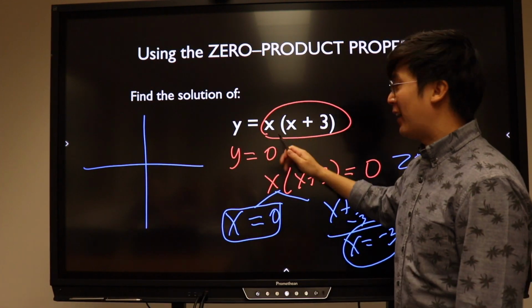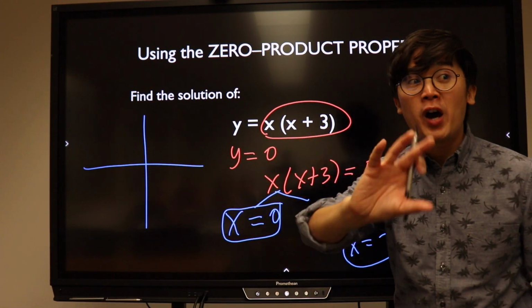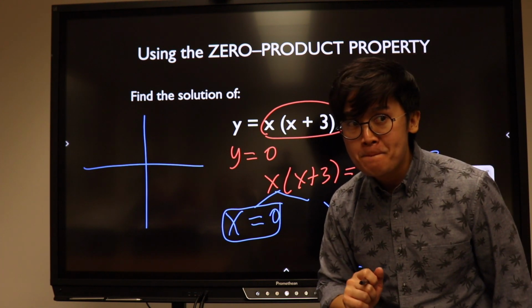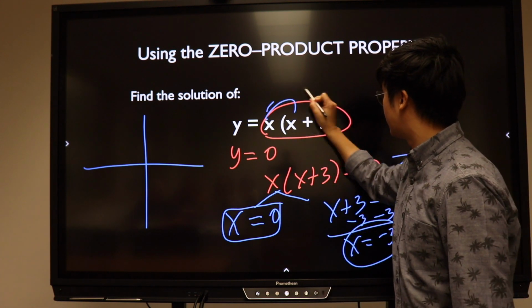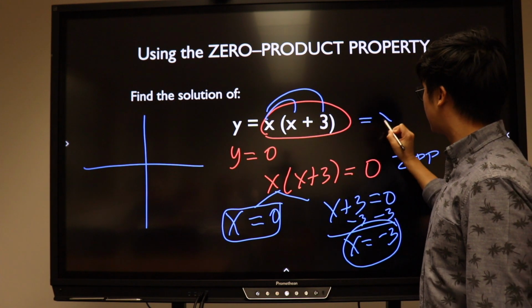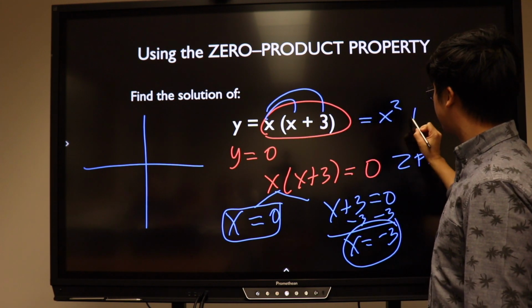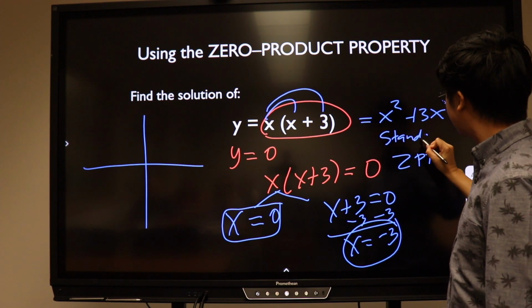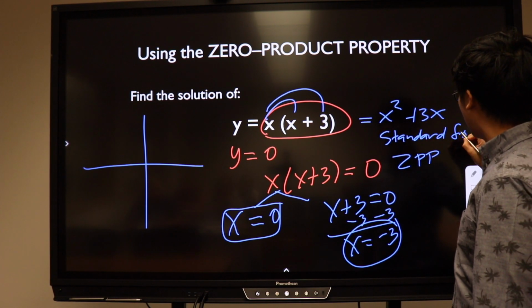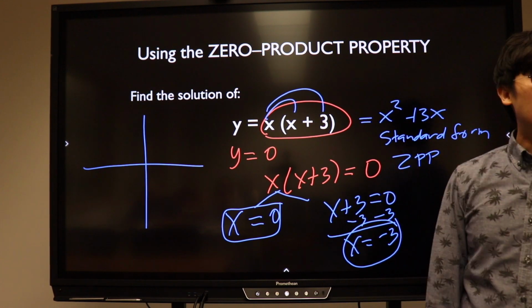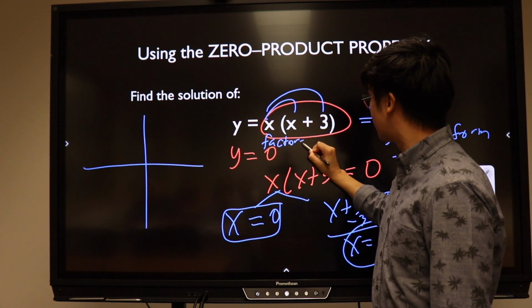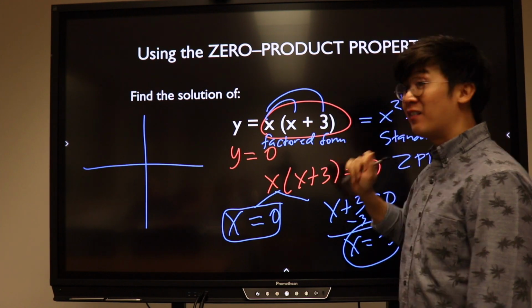Okay. Let's modify the quadratic equation so you can see it better. How are we going to modify it? Multiply it: x times x, x times 3. This is the standard form. Another vocabulary: this is the standard form of the quadratic function, and the other is the factored form.